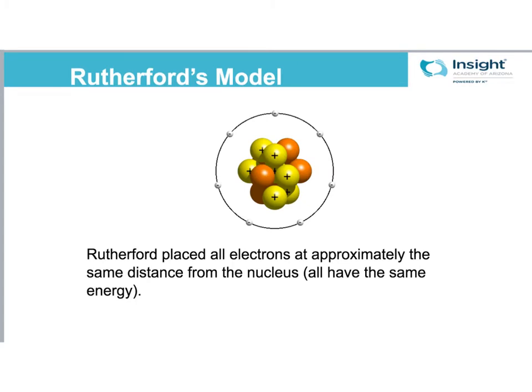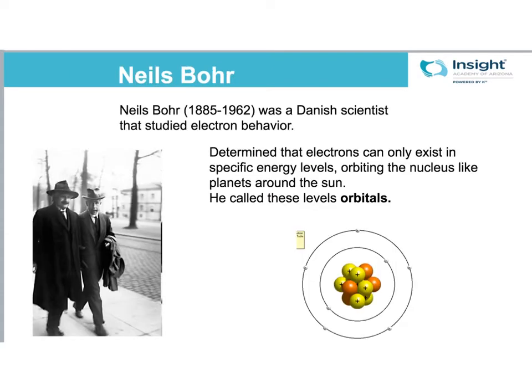Back in lesson 2.02, we left off with Rutherford's model, where he discovered that there's a nucleus, that it's tiny, it's in the center, and there's a bunch of empty space around it. He thought the electrons were just in one ring around the nucleus. So Bohr is going to take this a little bit further.